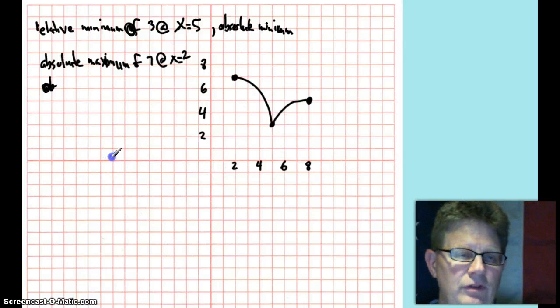Okay. Now I think at this point I should point out to you that sometimes it's not relative minimums and maximums and absolute minimums and maximums.